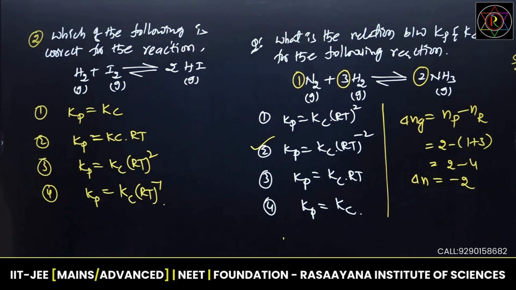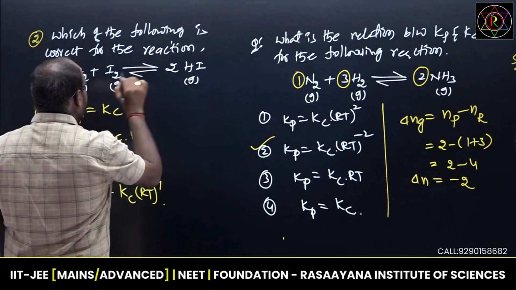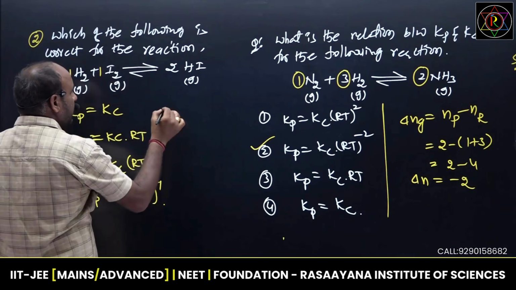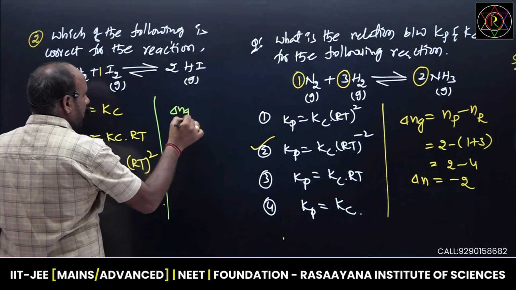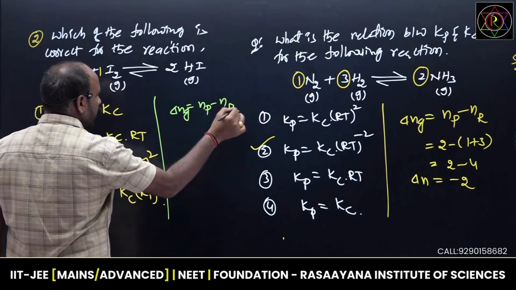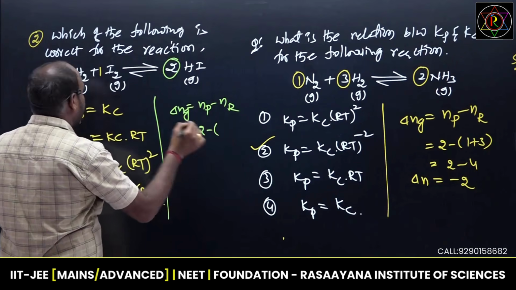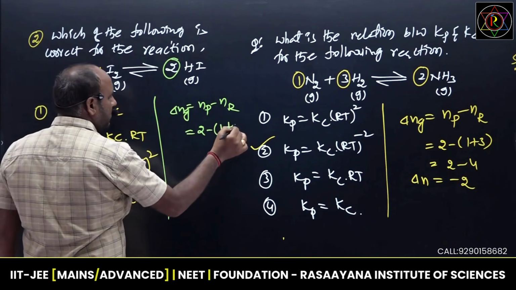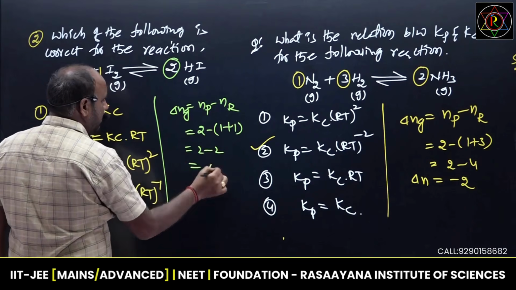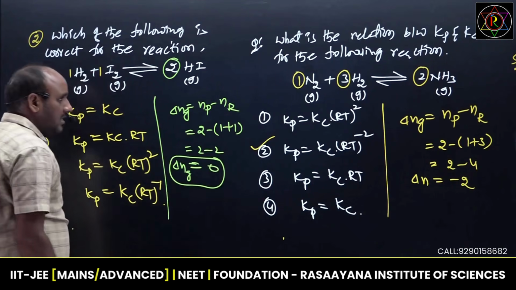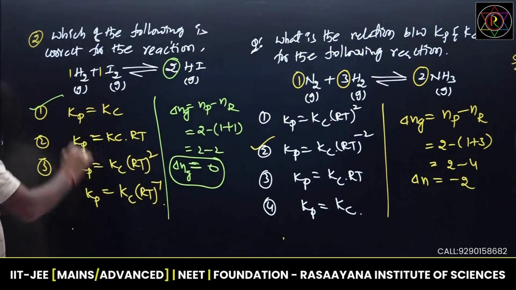Right. So here also we have to get the change in number of moles, delta Ng, during this reaction. Here the 2 moles will be there, and here 1 and 1 are the stoichiometric coefficients. Therefore delta Ng is equal to n of products minus n of reactants. That is the number of moles of products is 2, minus the number of moles of reactants, 1 plus 1, that is 2 minus 2, that is 0. When delta Ng is 0, the condition Kp is equal to Kc is correct.